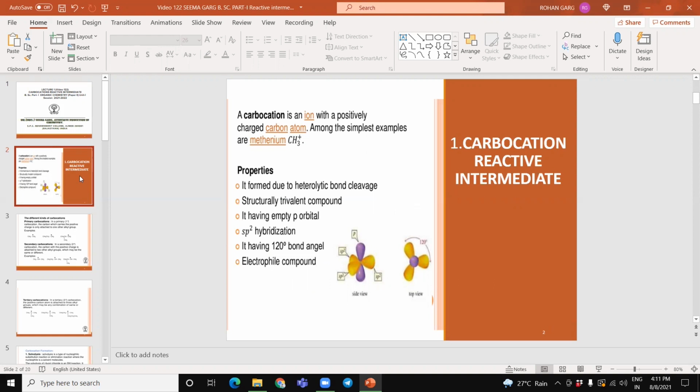Its properties are: it is formed due to heterolytic bond cleavage, structurally trivalent compound, it has an empty p orbital, it has sp2 hybridization, it has 120-degree bond angle, it is an electrophile compound, means it is electron deficient.